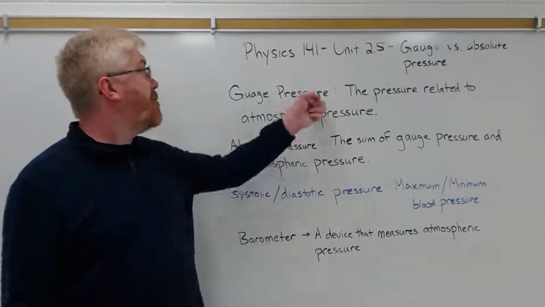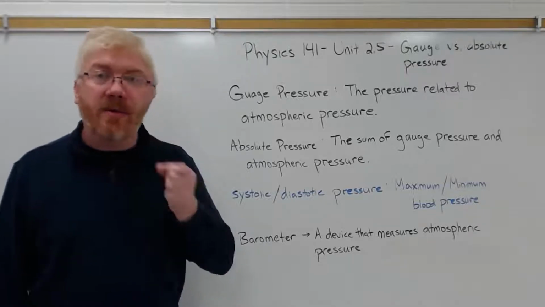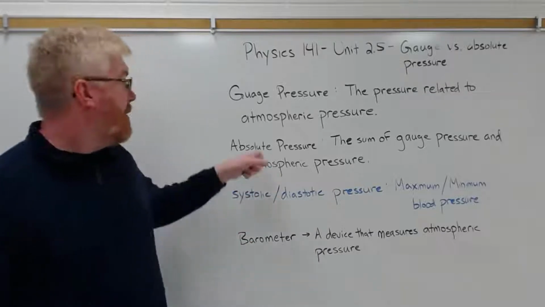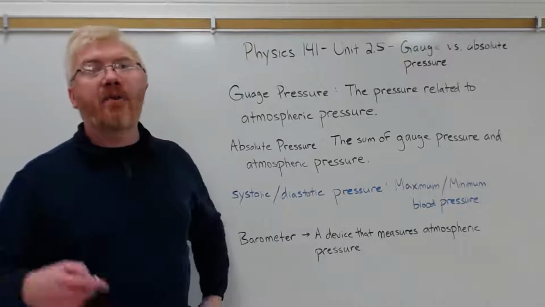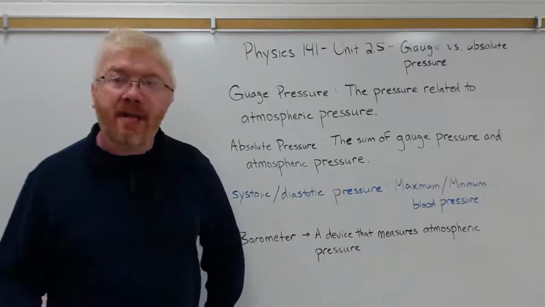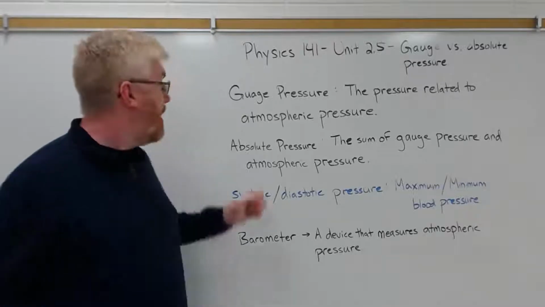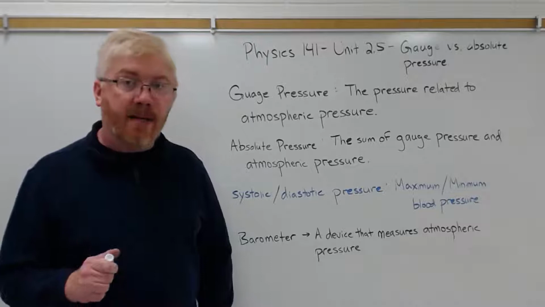Now, 0 pressure, right? So the lowest gauge pressure you could be is -1 atmosphere. -1 atmosphere is literally 0 absolute pressure in that object. Now the absolute pressure is the sum of the gauge pressure and the atmospheric pressure. So again, if your car tires get inflated to 30 psi and the atmospheric pressure is 14 psi, then the absolute pressure in your car tire is 44 psi.